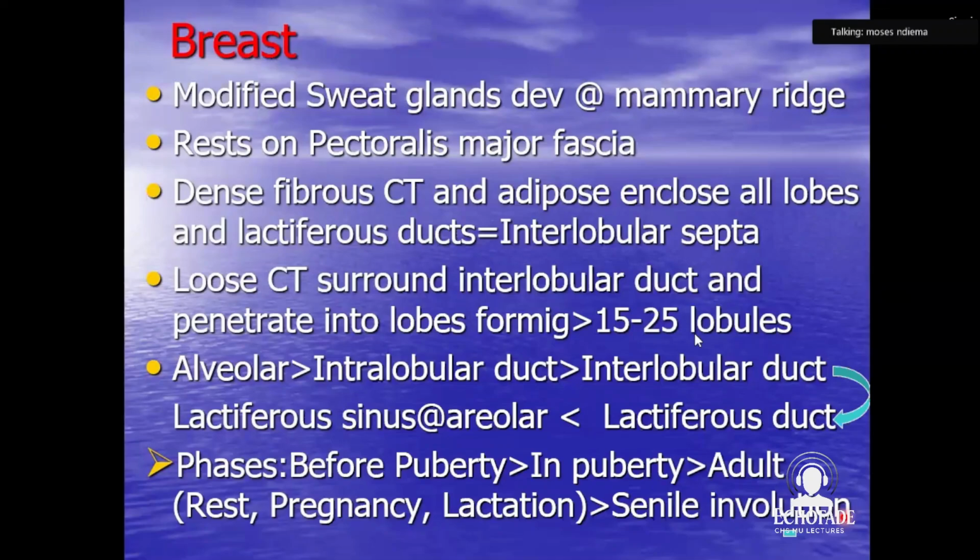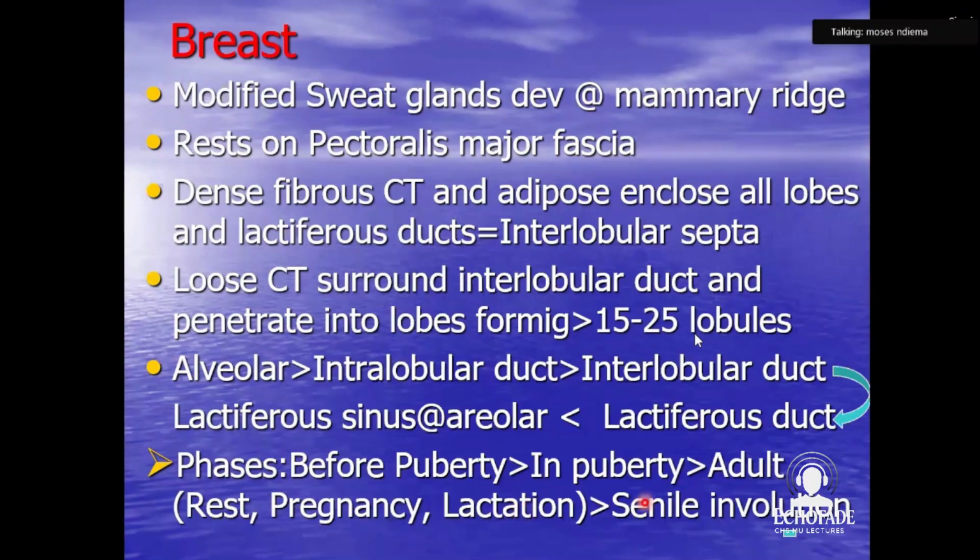Remember, during puberty, there's proliferation under the influence of prolactin and also progesterone. There's proliferation of the mammary gland, so that there's an enlargement of the mammary gland. And then in the adults, we have several phases: the resting stage, the pregnancy stage, and lactation during the production of milk.